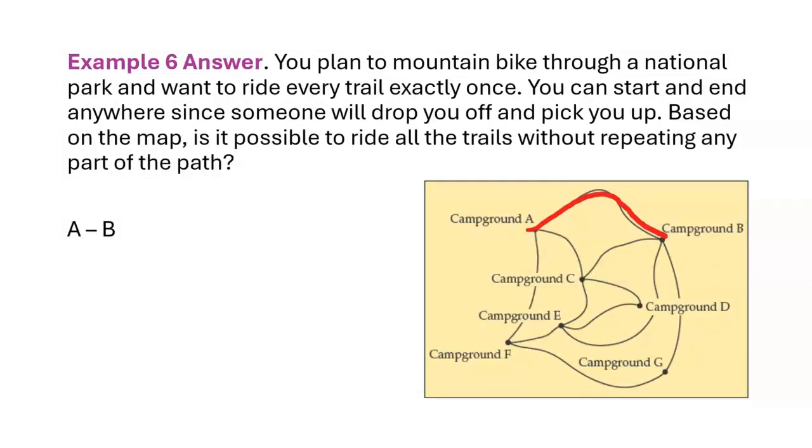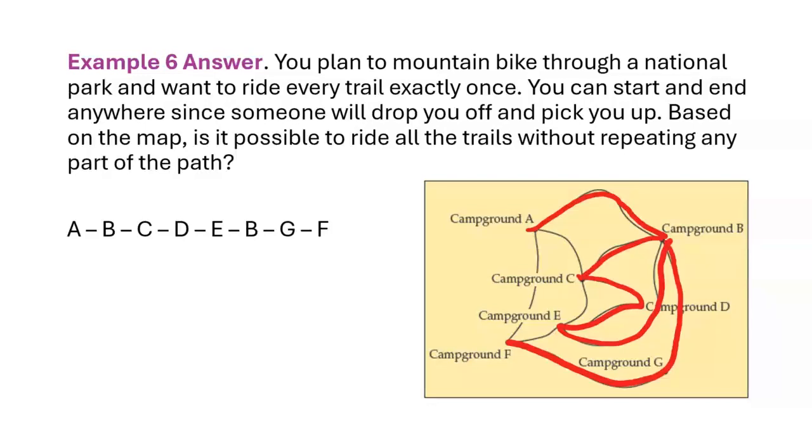I started on A and I went to B and then to C, D and E, and then I went back to B, and then from B I went all the way to F, passing through G. So it was B, G, F. And then I decided to go back to E, back to C and A, and then I go back and end on F. So this is kind of a cute application.